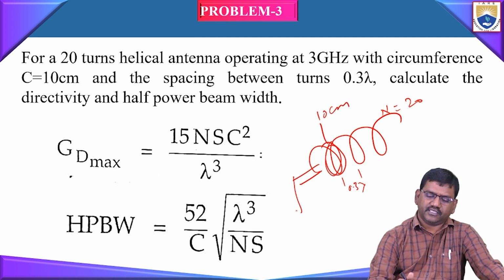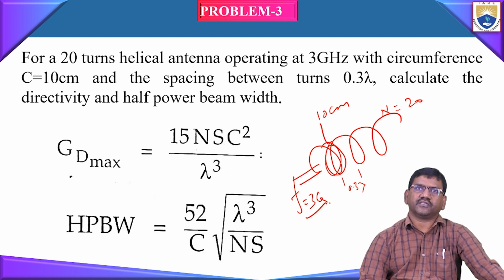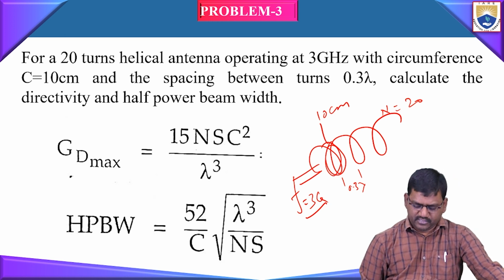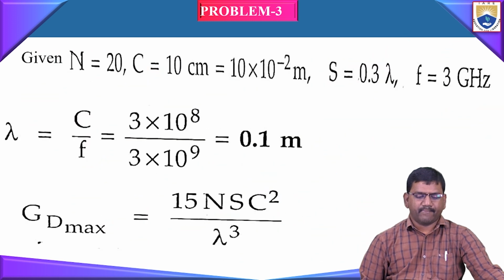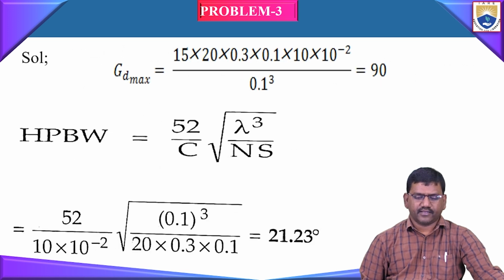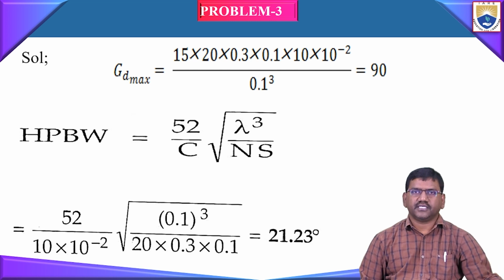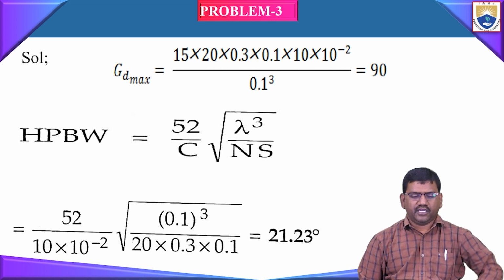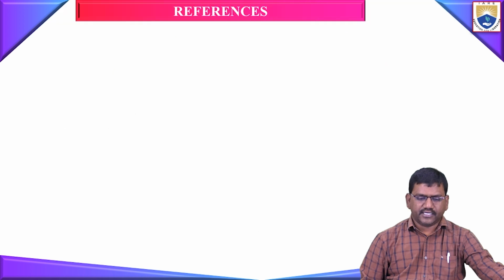The operating frequency is given as 3 gigahertz. For this we need to find out the directivity and half power beamwidth by applying this formula. You can see on the screen, you will get the half power beamwidth as 21.23 degrees.